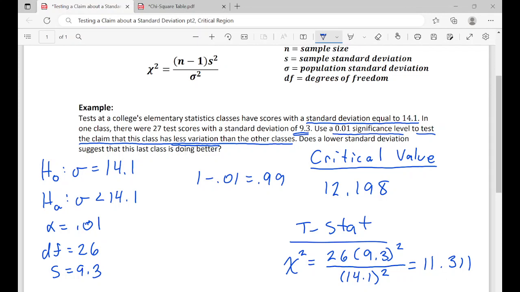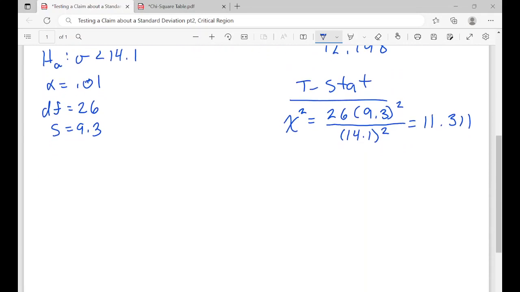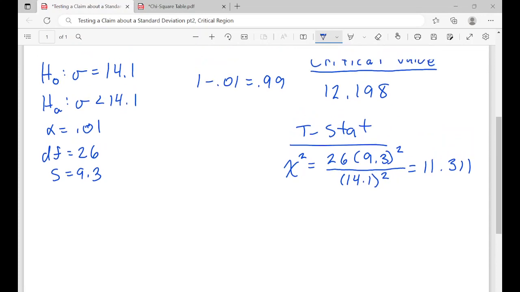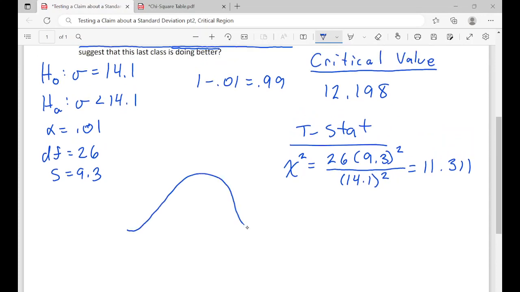So now we have our critical value, and we have our test statistic, and so now we're going to do our little graph to see whether we reject or fail to reject. So we get 0 here, so our critical value is 12.198. So we'll say it's right here. And since it's a left-tailed test, we are shading to the left.